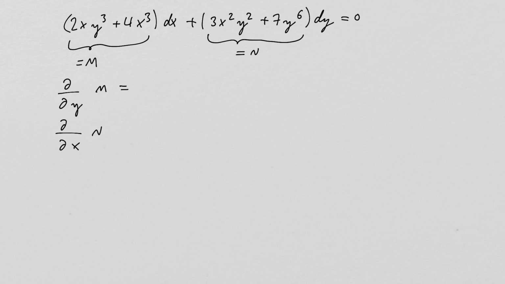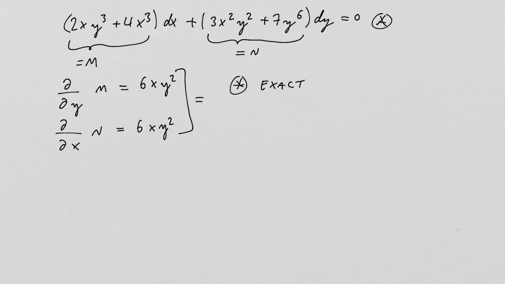The derivative of m will be 6xy squared, and the derivative of n will be 6xy squared, and they are found to be equal. So we know that our equation is exact. Equation star is exact.